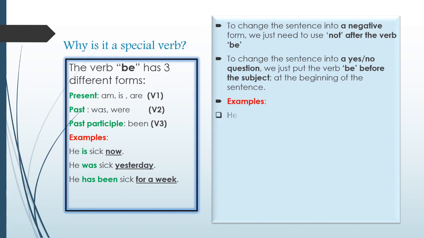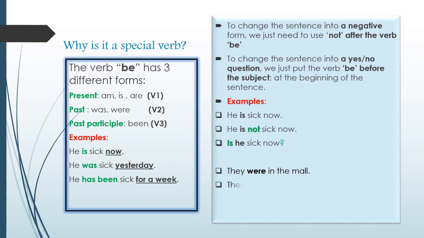If we say, for example, he is sick now, if we want to change it, we just put not after the verb is. So it will become he is not sick now. And if we want to change it into a question form, we can put the verb be at the beginning, and it will become is he sick now, without any other changes.